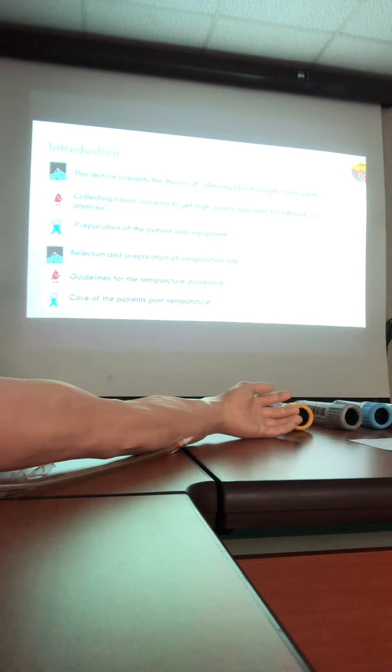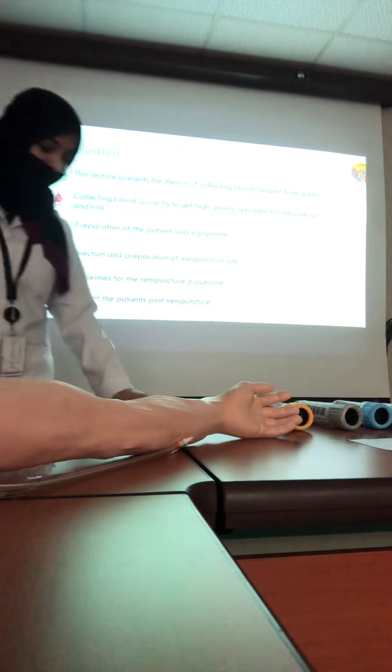In this lecture, we will talk about the theoretical part of collecting blood samples from adults: how to collect the blood correctly to get a high quality specimen for the lab analysis, how to prepare the patients and equipment for the blood test, how to select the venipuncture site, general guidelines for the venipuncture procedure, and finally care of the patient post venipuncture.